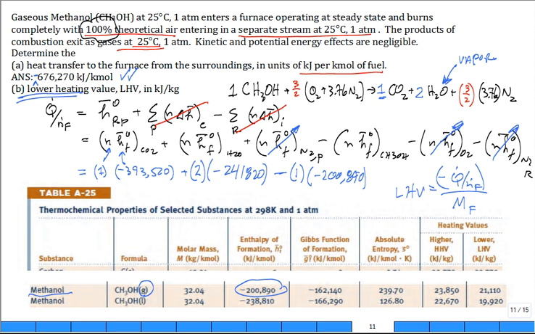The molar mass of the fuel is 32. And when you do that, you'll find that it is in great agreement with this number that is in our table. 21,110 kilojoules per kilogram. All right, I think we'll go ahead and stop there. Thank you for your attention.